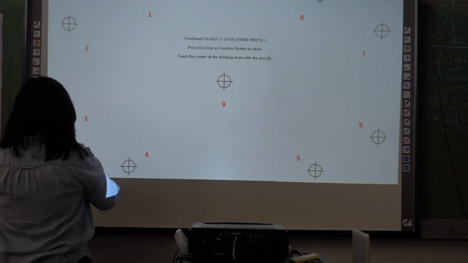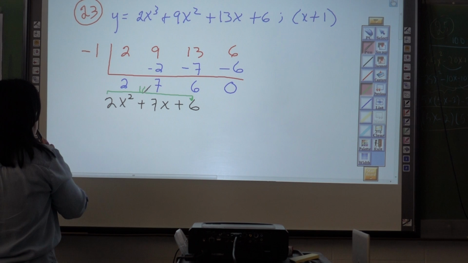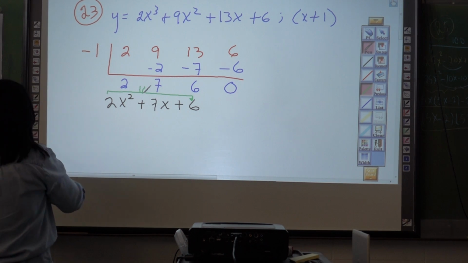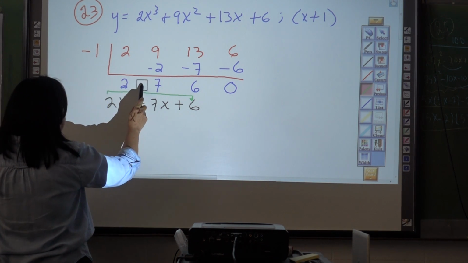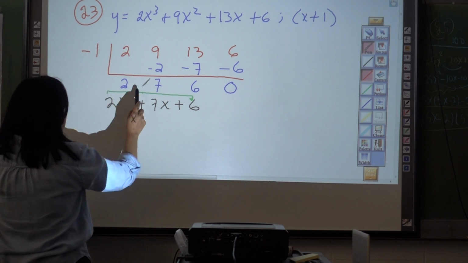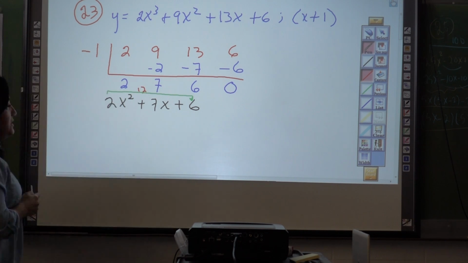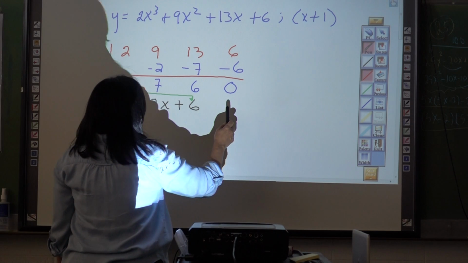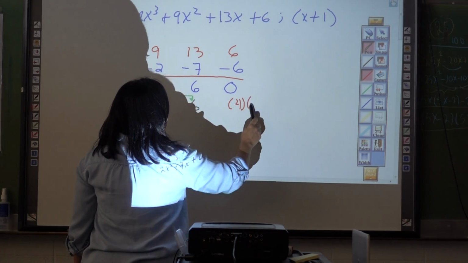We're looking for factors of 12 that when you add, you get 7. 2 times 6 is 12, but the factors of 12 that add to 7 are 4 and 3, right? 4 times 3 are the factors.